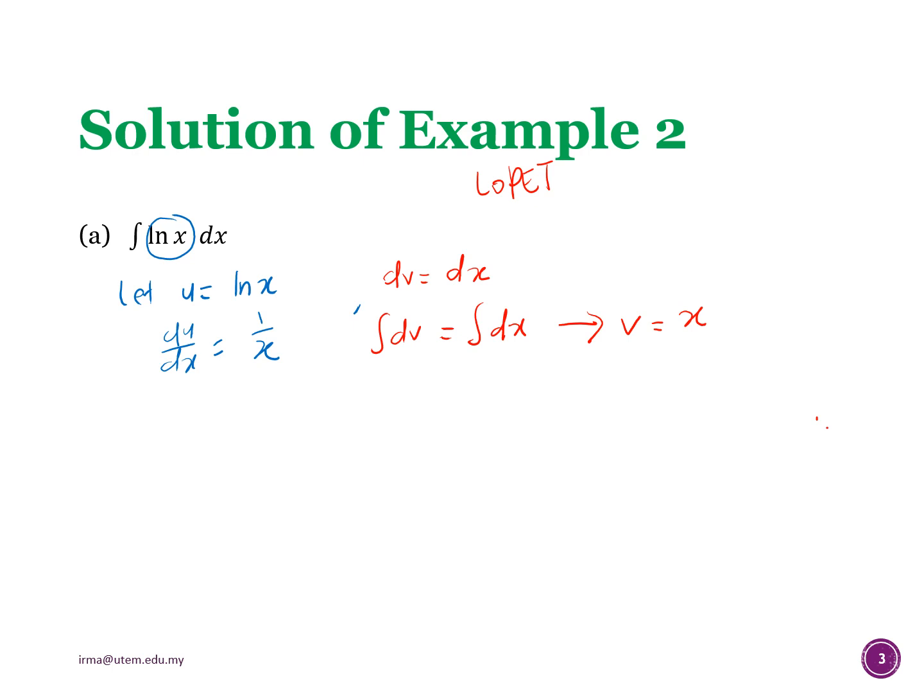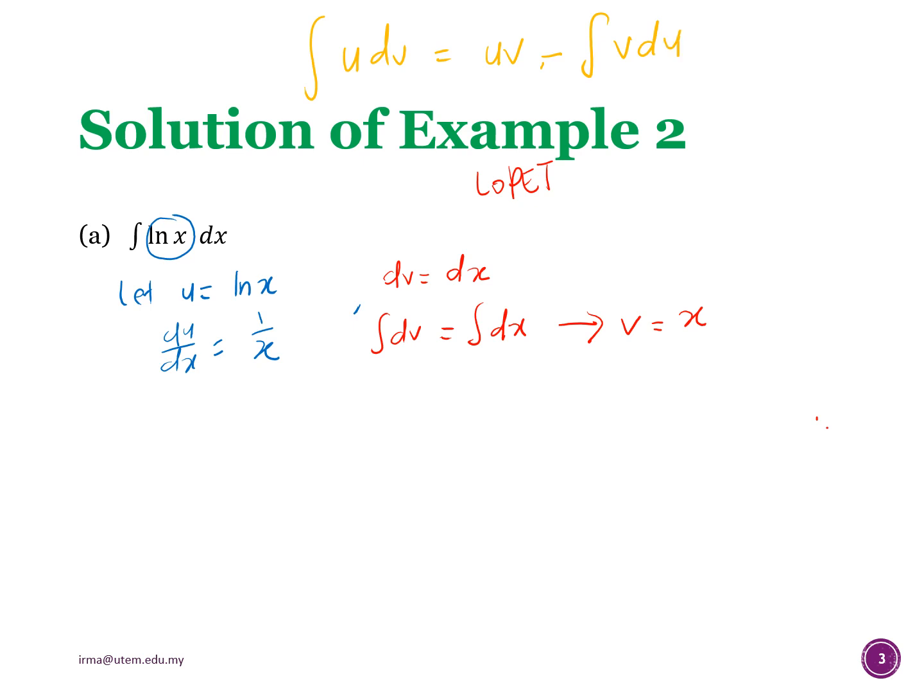I didn't put the plus c there because I will put plus c at the end of the solution. Now we have du dx and we have v. If you refer to the formula, to integrate u dv, the formula that you need to use is uv minus integration of v du.